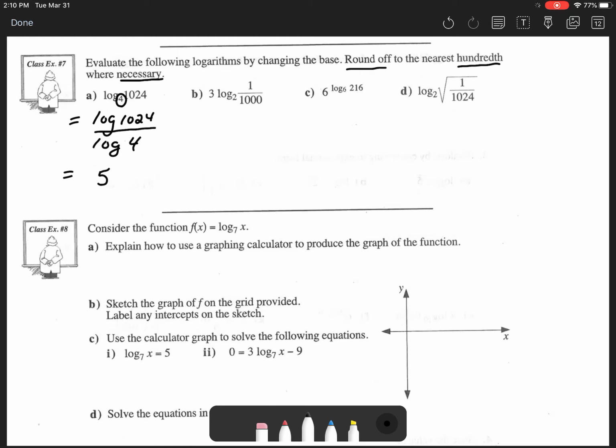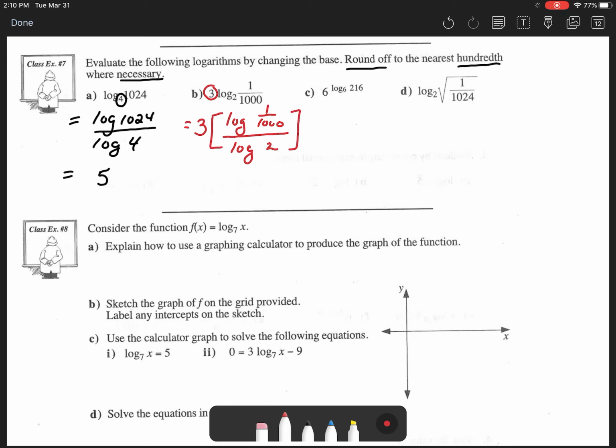There's your answer. In the second one, this 3 means I'm going to multiply by 3 at the end of the question. So it's 3 times the log of 1 over 1,000, because that is the argument in this case, all over the log of the base, which is log 2.